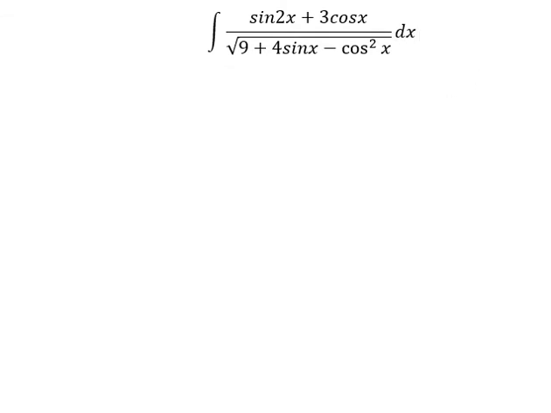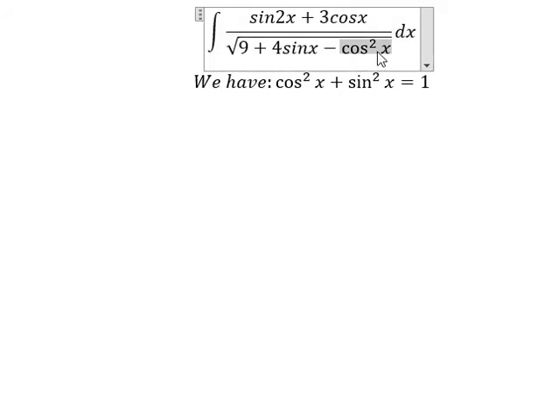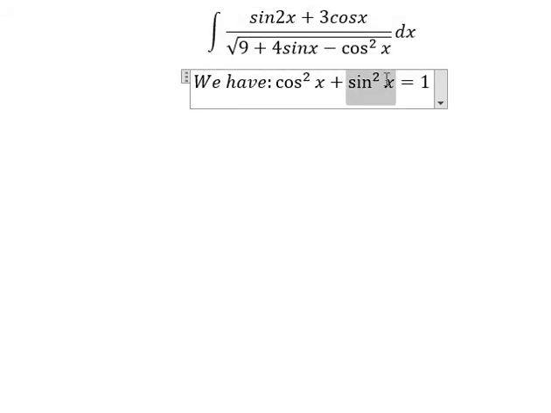We have the formula in here. Cosine x squared plus sine x squared equals number 1. So we have cosine x squared in here. That means I will put this one go to the right.